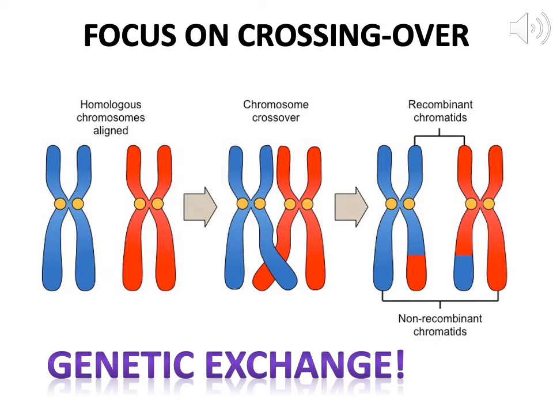Think of it as almost like shuffling cards in a deck. You have all the cards arranged in their suits. The red suits, the black suits, and they might be arranged in order, but the fact of the matter is when you shuffle that deck of cards, there's no guarantee where any one card's going to wind up. And in this case, what we're doing is we're actually shuffling genes between these 2 chromosomes.